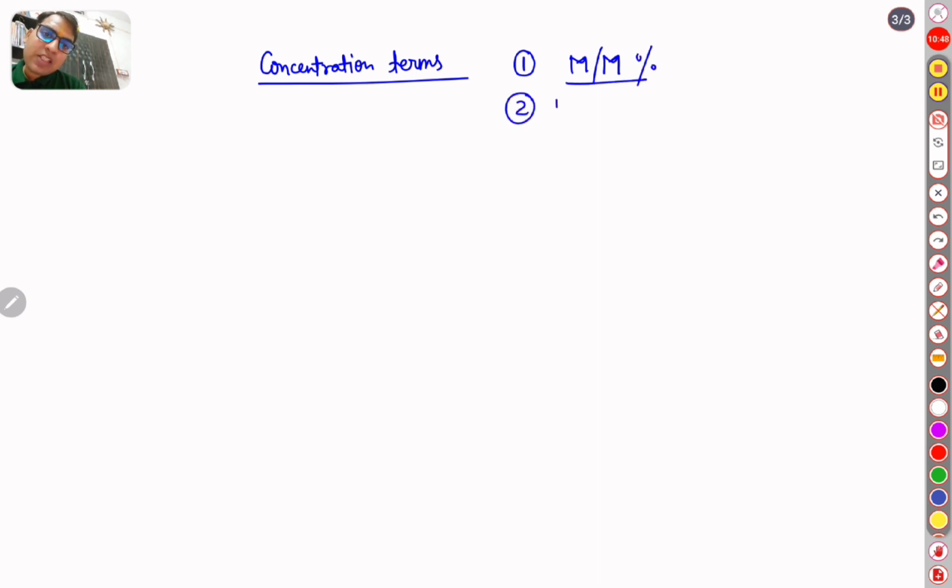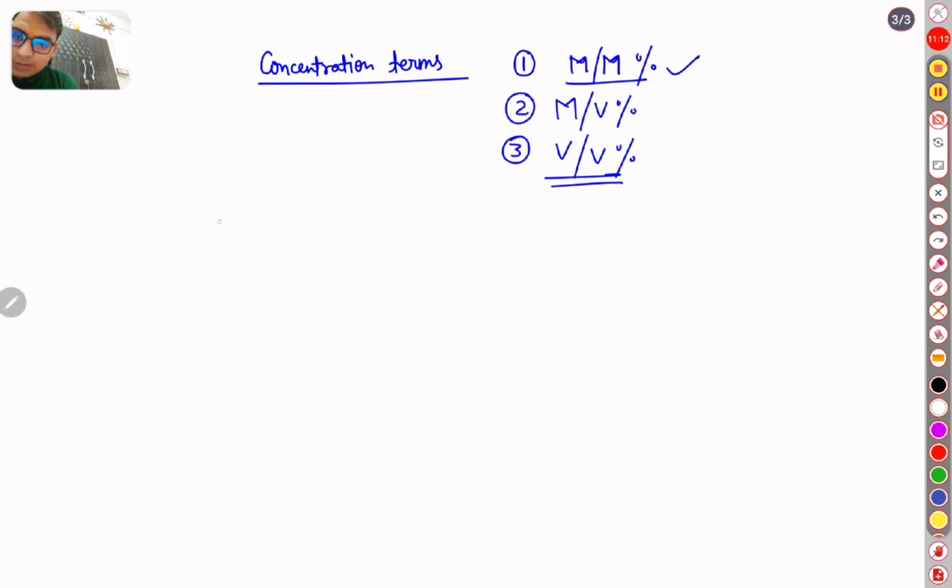Second, mass by volume percentage. And third, volume by volume percentage. So firstly, what is mass by mass percentage?